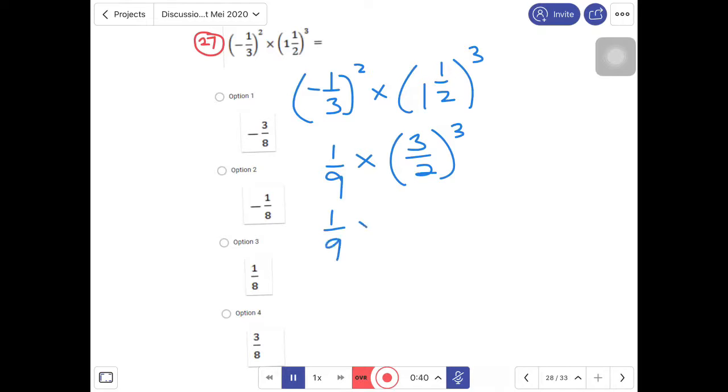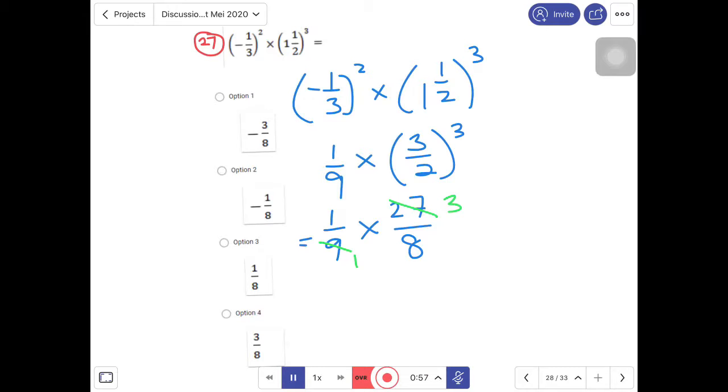Therefore, we get 3 cubed is 27, 2 cubed is 8, and then we simplify them. 9 and 27, 9 is 1, here is 3.